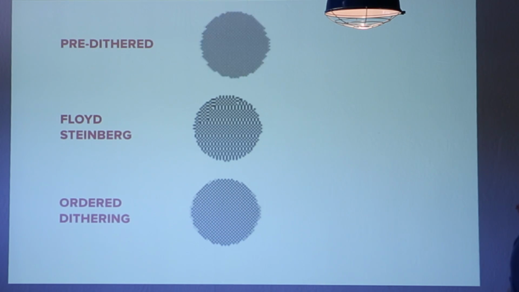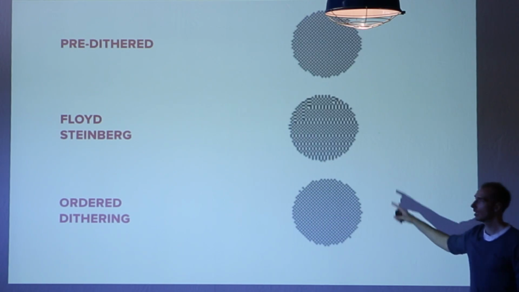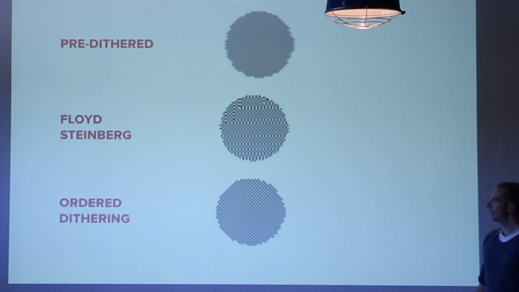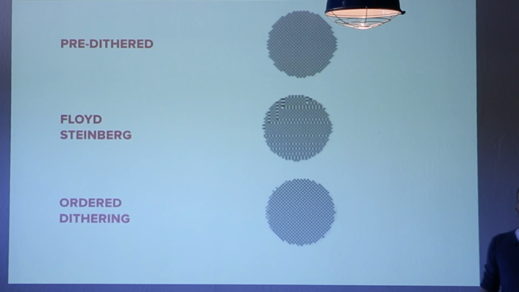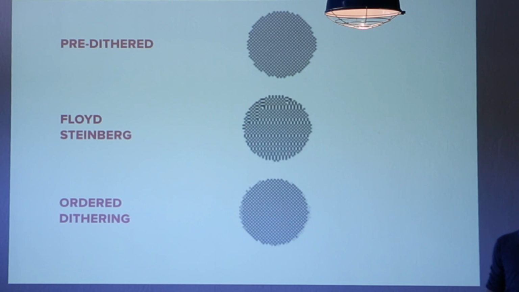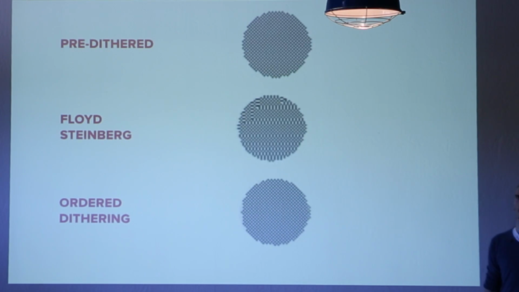And then also a bitmap pre-dithered by Floyd Steinberg, which obviously has some noise on it, also moving that image. And on the lower row, I'm doing dithering live on Pebble.